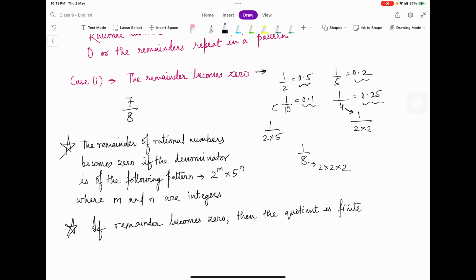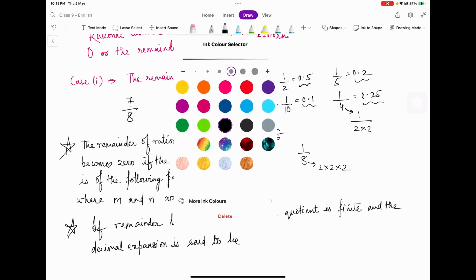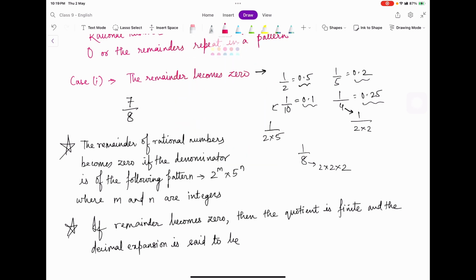See, this is finite, it is not going to infinity. Infinite number of digits are not there. There is a finite quotient, and the decimal expansion is said to be terminating.